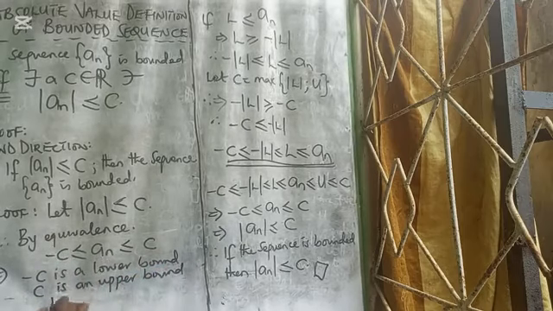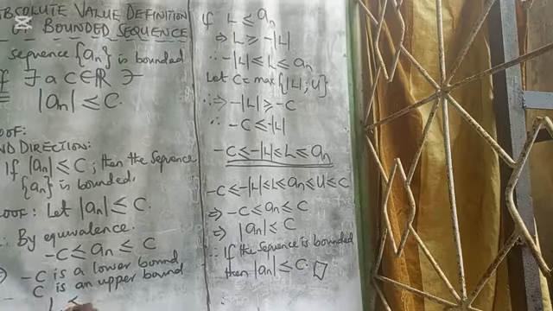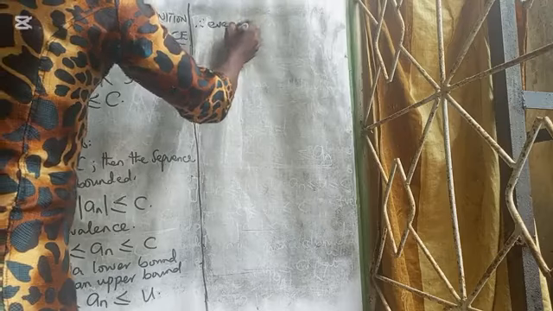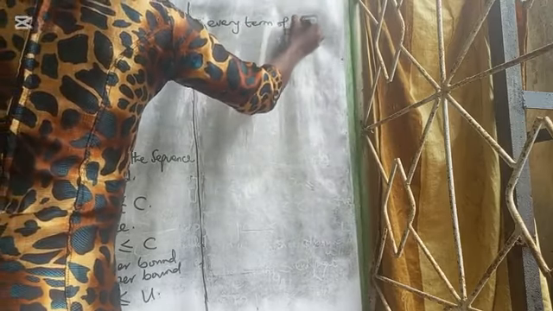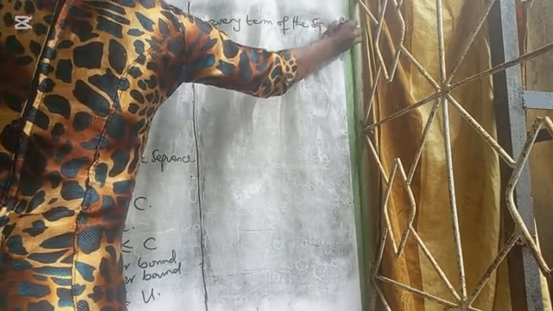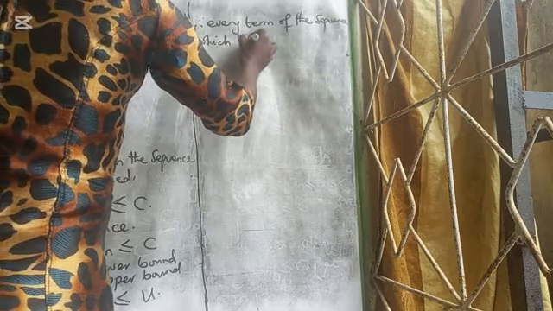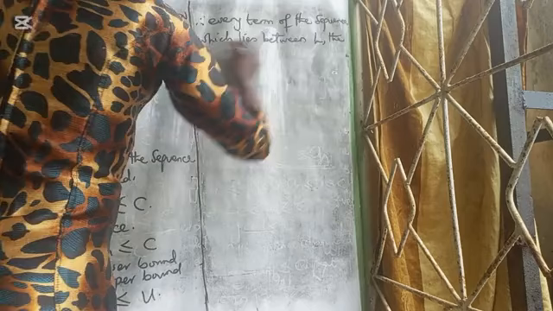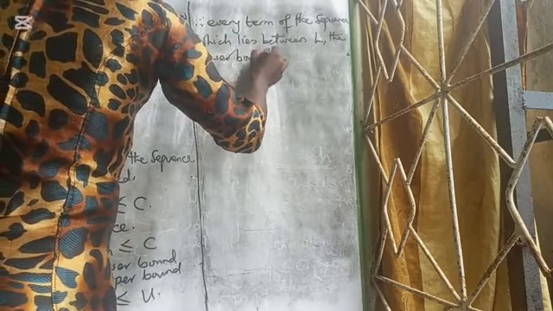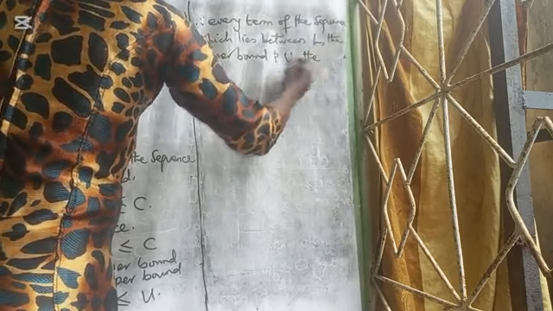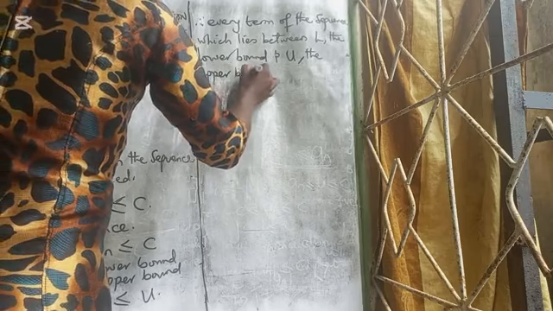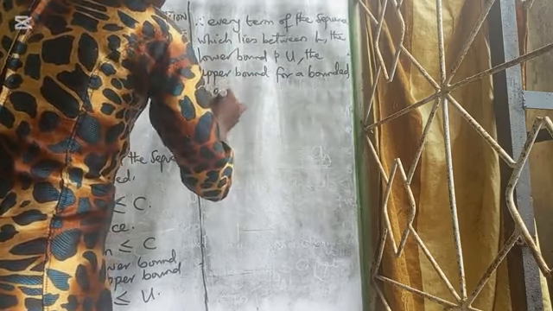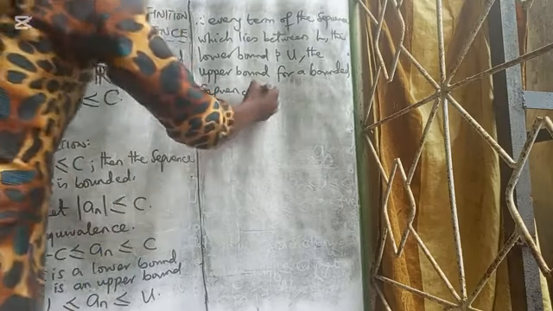When we compare this with the definition of bounded sequence, which says that L is less than or equal to A sub n less than or equal to U, for every term of the sequence which lies between L, the lower bound, and U, the upper bound, for a bounded sequence, will do what?